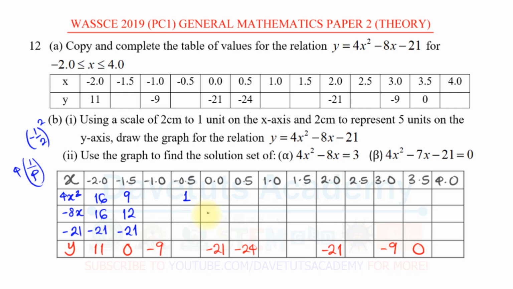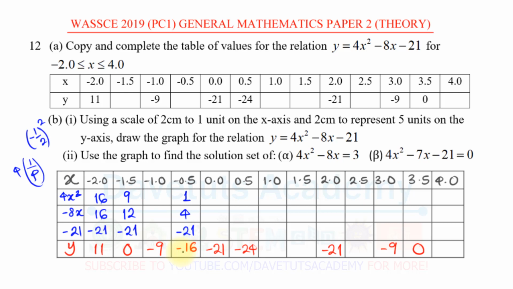So that is 1. Here, minus 8 times minus 0.5. Like I said before, 0.5 is like half. The negative signs will multiply each other to become plus. 8 times 1 over 2, that will be 4. And then here, minus 21 is a constant. If you just go ahead to sum everything, 1 plus 4, that is 5. 5 minus 21, that will be minus 16.